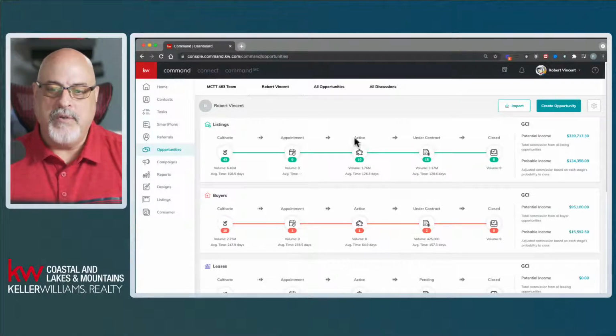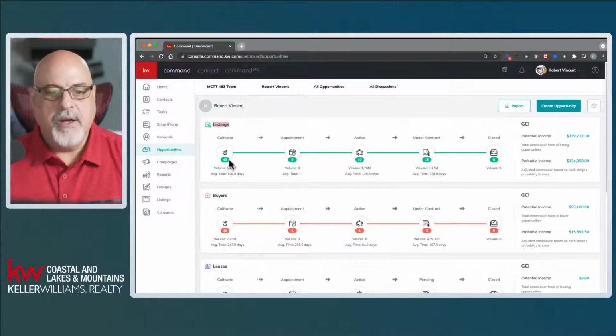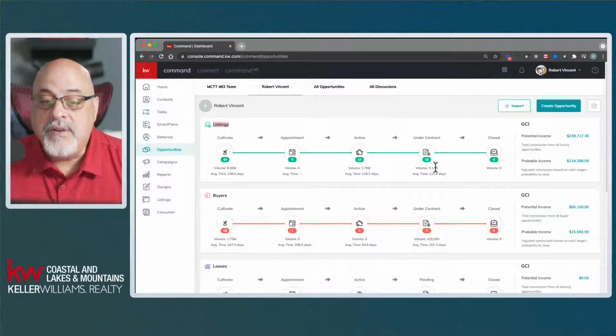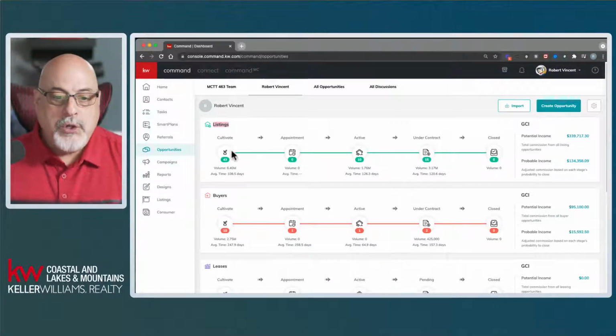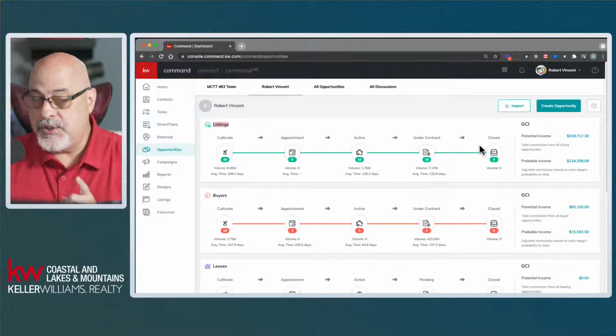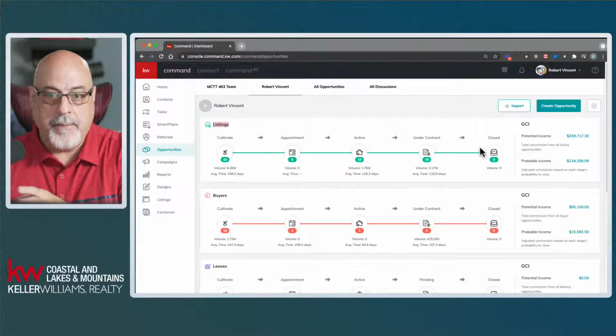So let's look at something over here. All the way on the right-hand side of the listings pipeline: cultivate, appointment, active, under contract, and closed. Right now, with 43 things in my cultivate and 15 opportunities in my under contract, all of the potential percentages that we saw, from 5% to 90% potential, we call it potential energy, potential income, right?